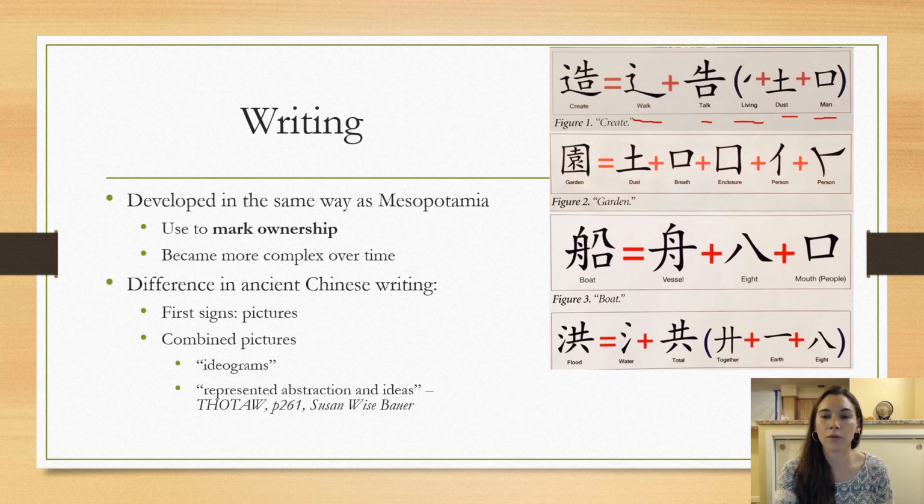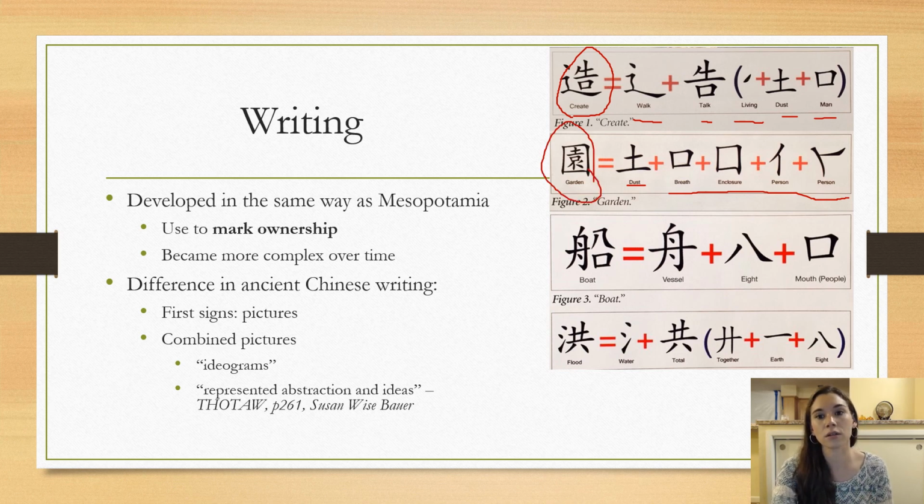First you have living, dust, and man makes talk, and then talk plus walk equals create. The second one, you have dust, breathe, enclosure, person, and another person, and that is their symbol for garden.